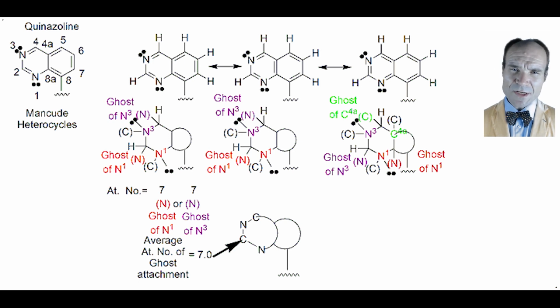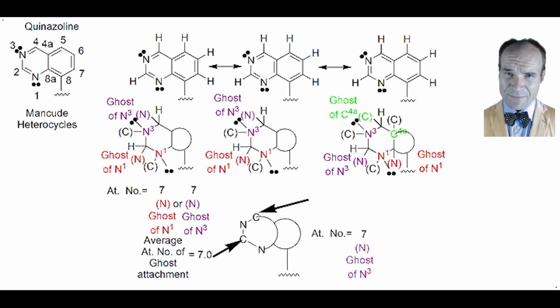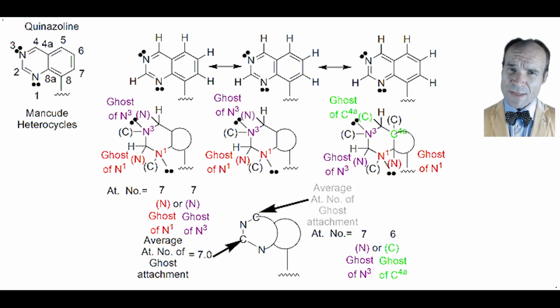What about position 4? Now there is one source of nitrogen ghost atom of nitrogen 3 and one source of carbon ghost atom of carbon 4A. So the average of 6 and 7 is 6.5.